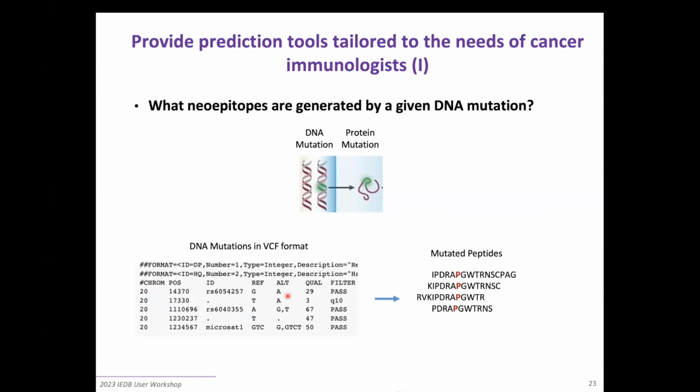And then we have actually been using an internal tool for a long time, which takes this VCF file with the DNA mutations, and generates a table with the possible mutated peptides. And yeah, this will also be made available now to the public as part of the CEDAR resource.